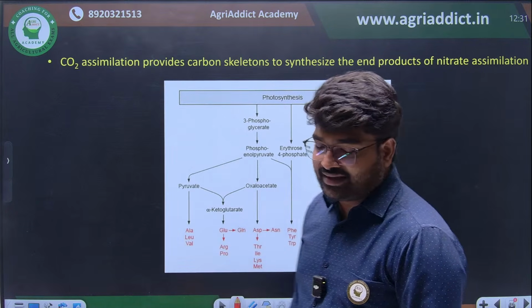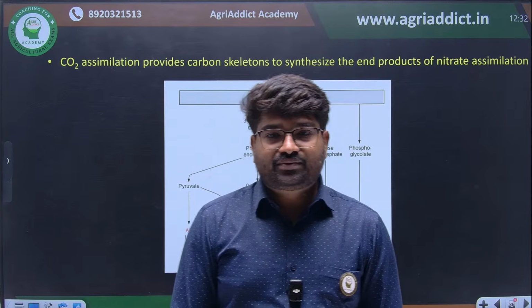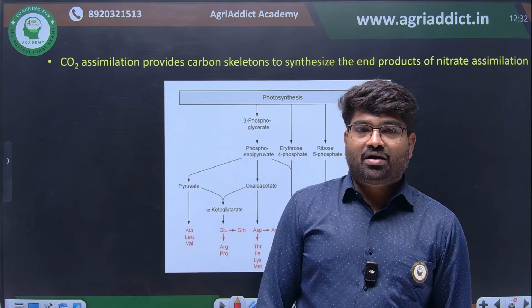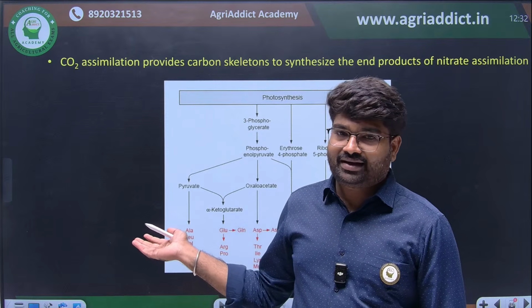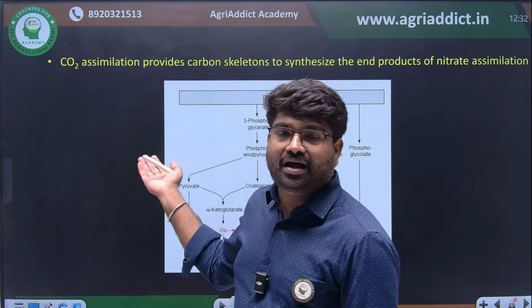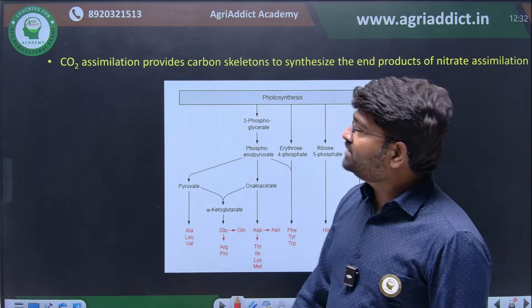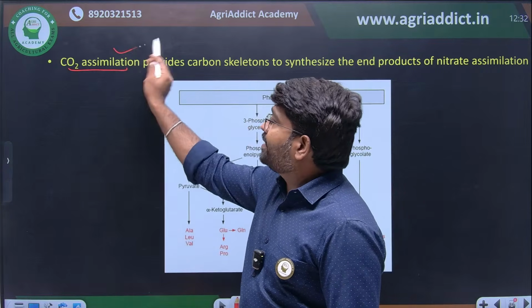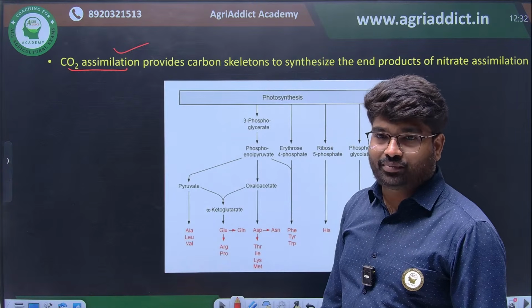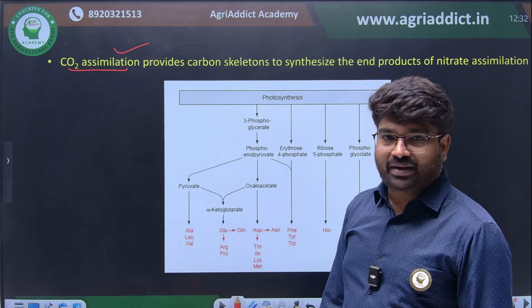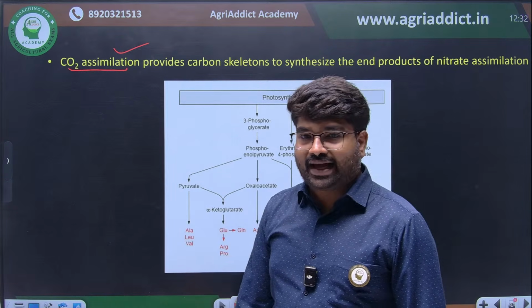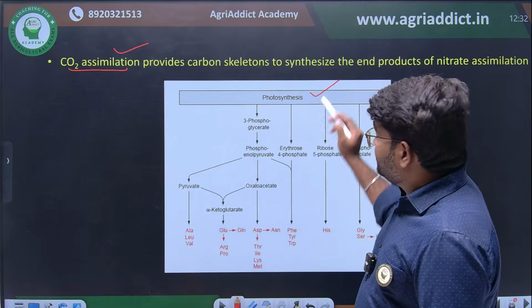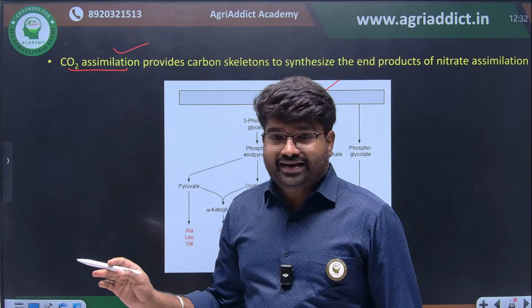Then we know amino acids have carbon sources along with amino sources. The amino source is given by nitrate assimilation, and the carbon source primarily comes from the CO2 assimilation process. Now we are going to see how the different amino acids are synthesized.